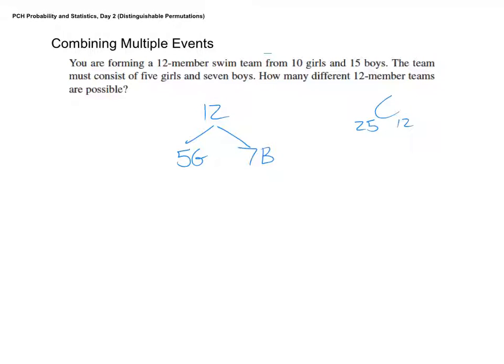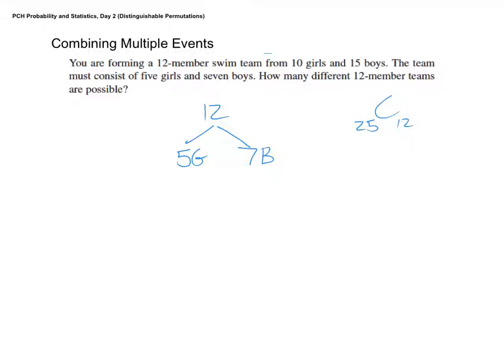Now, this would be the total number of 12-member teams we could pick if gender didn't matter. If we just wanted our 12 best swimmers no matter what, that would be 25 choose 12. Okay? However, in this case, we've got to be specific. So here's what we've got to do.